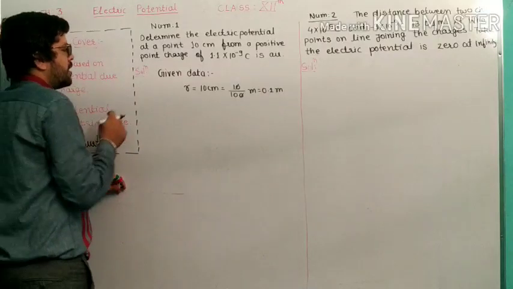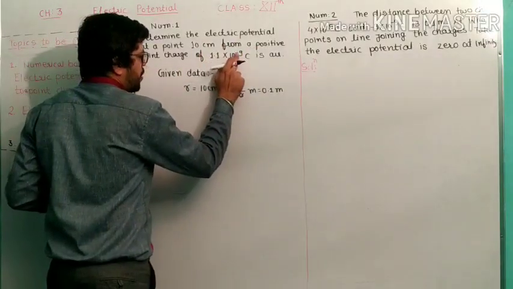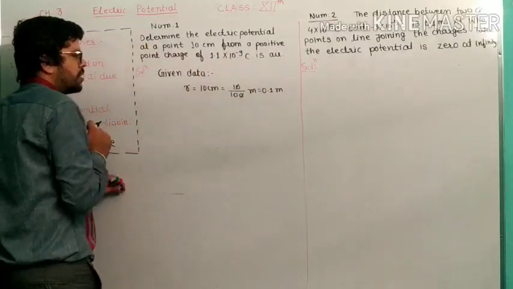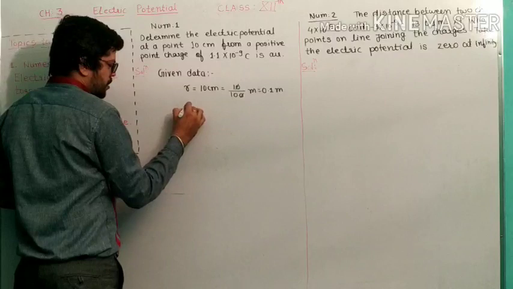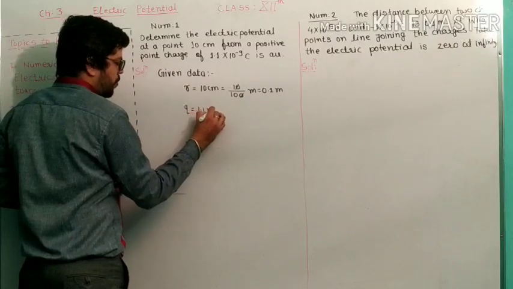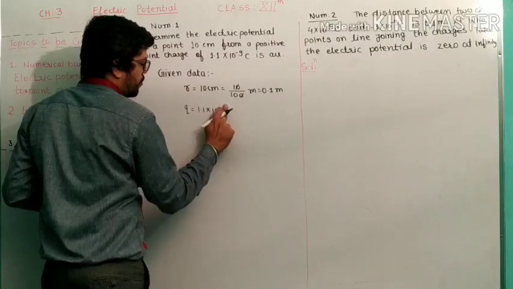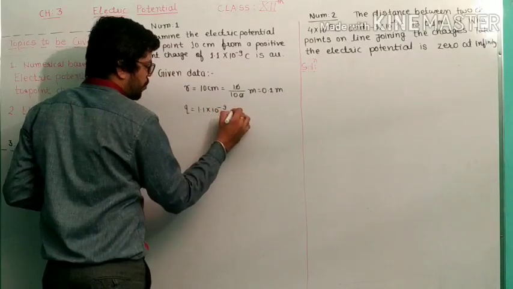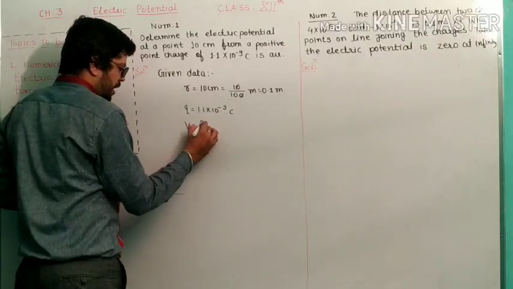Another thing given is the value of charge, 1.1 into 10 to the power minus 9 coulomb. And what we have to find out is the electric potential.